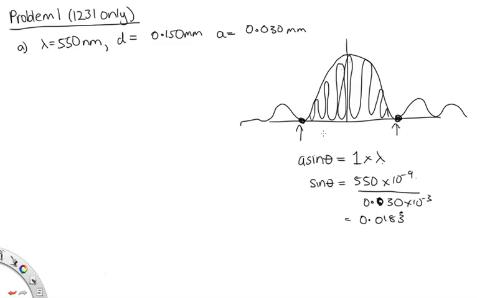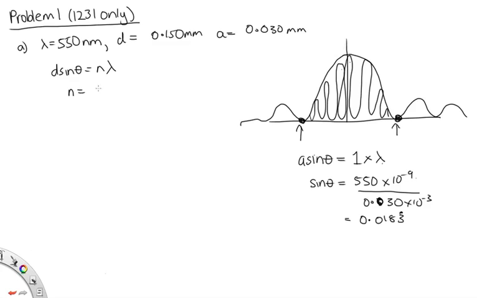Now what we need to do is work out how many of these maximums occur for thetas less than this sine theta. To do that, we know that d sine theta is equal to n lambda tells us how many maximums occur in a double slit pattern. So we're going to solve this for n.